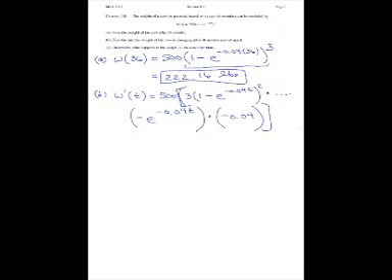Now to simplify, let's multiply the numbers together. So what numbers do we have? We have 500, we have 3, and we have negative 0.04. All of those numbers are going to get multiplied together and put up in the front, and that actually turns out to be 60. Then I'm going to take this piece, and that's 1 minus e to the negative 0.04t quantity squared.